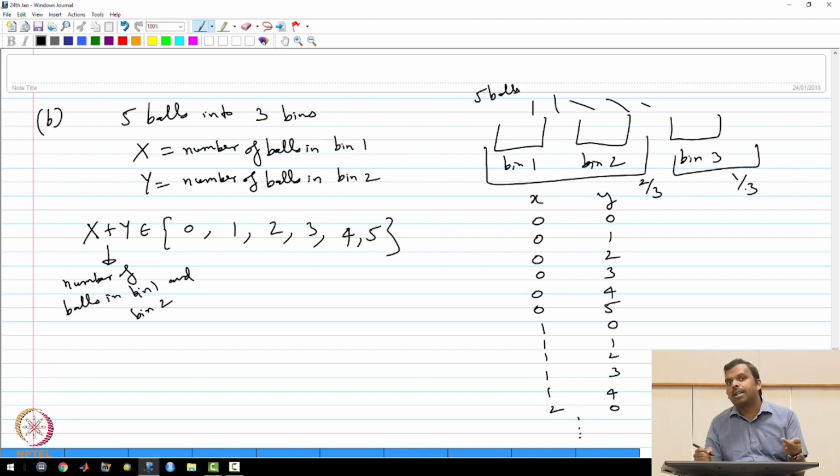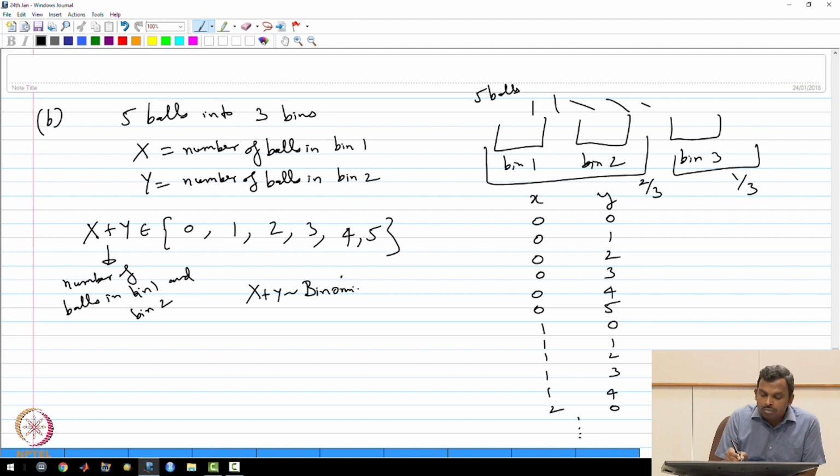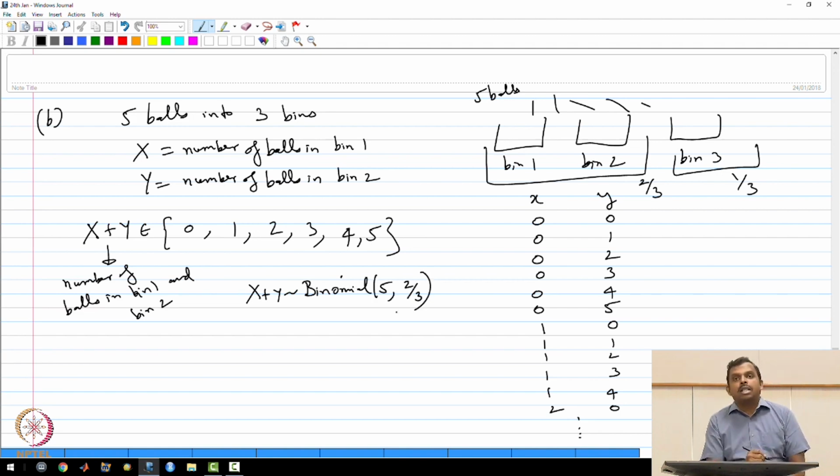I have a contribution of 1 to x plus y every time a ball lands in either bin 1 or bin 2. And the probability of that happening is 2 by 3 in every trial. And I have five such possibilities. So one can quickly see that this x plus y is actually binomial with 5, 2 by 3. Okay. So this is a nice observation you can make based on how the problem is set up.